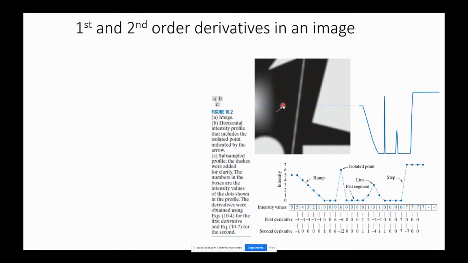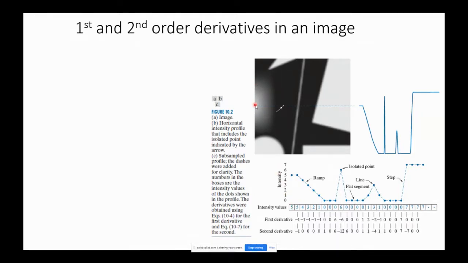And then here there is this isolated point that is very white, so there's a peak here, and then it goes back to the flat black here, and then there is this portion of a line with a smooth increase until the middle of the line, and then a smooth decrease, and then again totally black, and there comes this step here. So these are the intensity values.